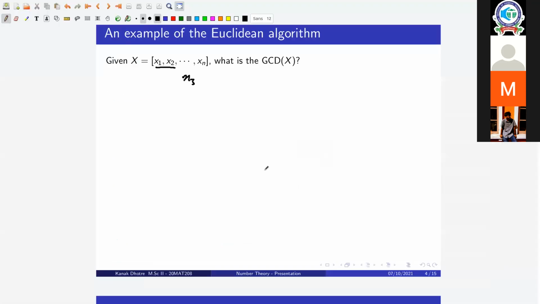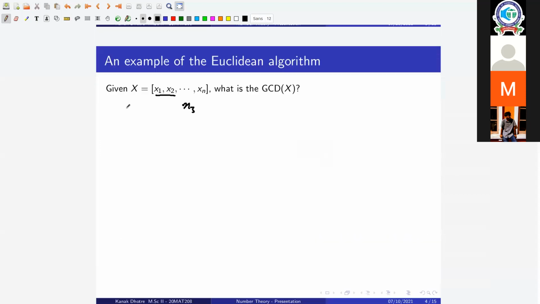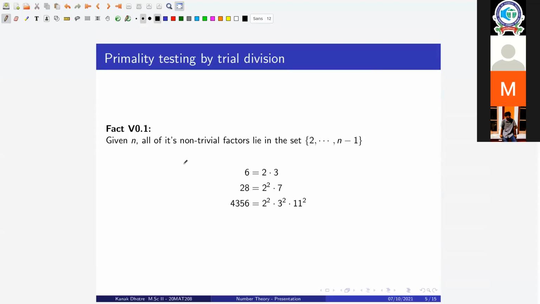But can anyone think of some basic algorithm to test if a number is prime? I guess we'll start and then try to optimize our algorithm. Obviously non-trivial factors, when I say non-trivial, I mean other than 1 and the number itself. So all of those non-trivial factors will lie in this set: it will start from 2 and go up to n-1.